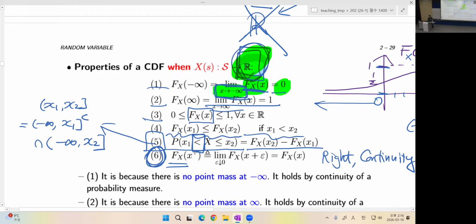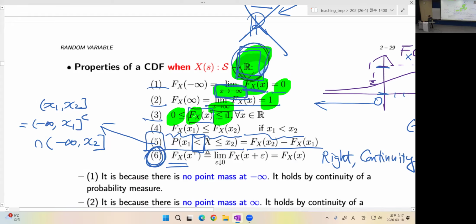And if you let x tend to infinity, then CDF converges to 1 if we do not allow a point mass at plus infinity. And since CDF is a probability function, it must be bounded by 0 and 1.